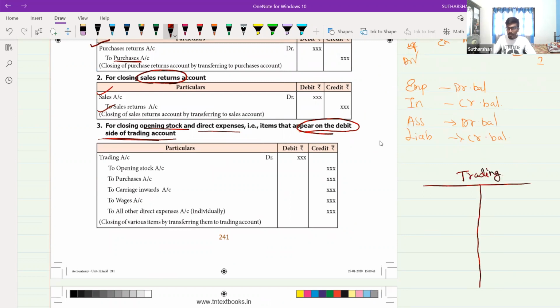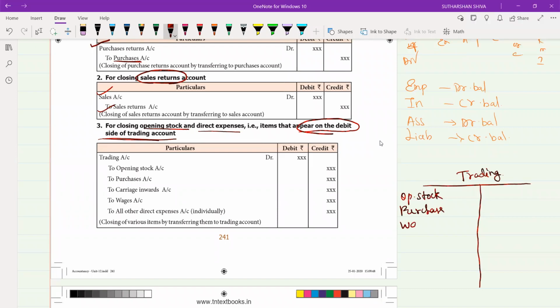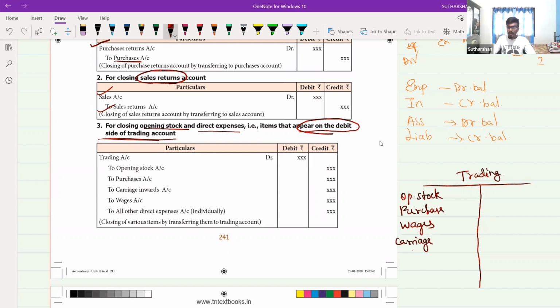You will write opening stock, purchases, wages, carriage inward, manufacturing expenses, any direct expenses, transport expenses, freight charges, anything you can write. On the credit side we will majorly write only sales, and majorly closing stock.